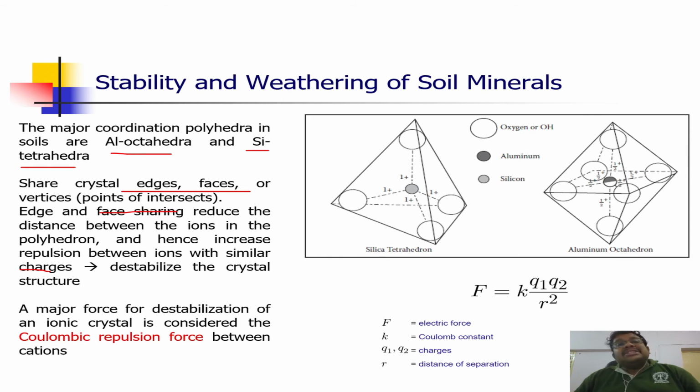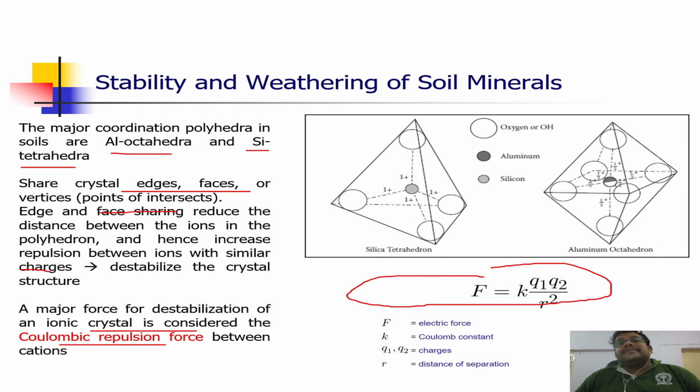Now remember, the major force for destabilization of an ionic crystal is considered the Coulombic repulsion force. This is the mathematical formula of Coulombic repulsion force, where F is the electric force, K is the Coulomb constant, Q1, Q2 are the charges, and R is the distance of separation. So we'll see these in detail when we discuss the mineral structure.